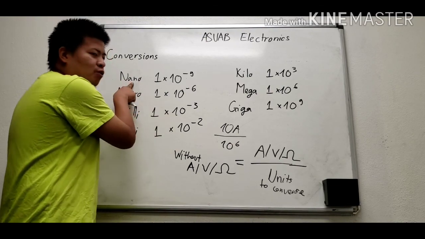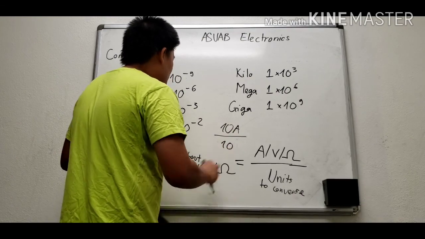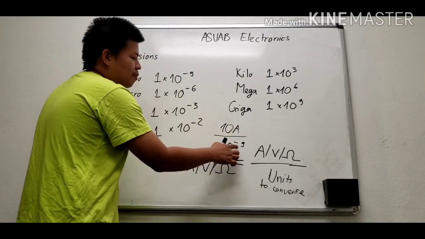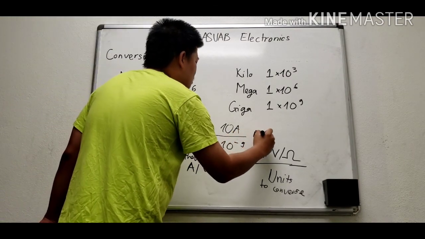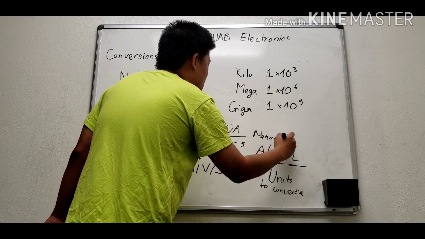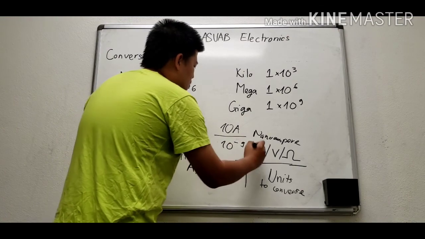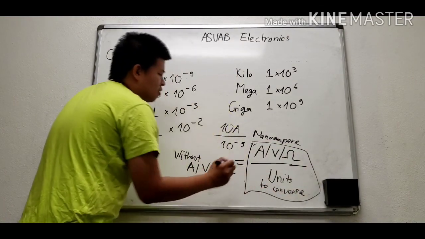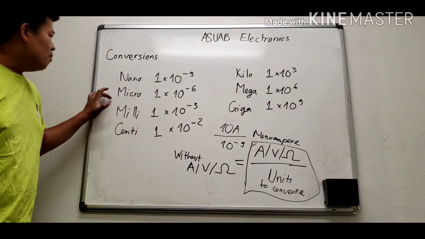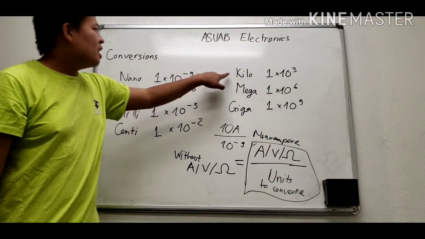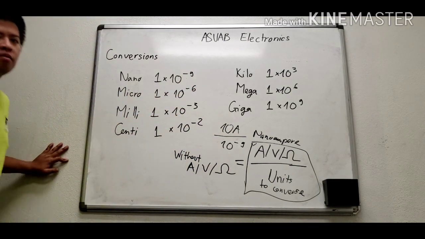If you want to convert to nano, you divide 10 ampere by 10 power minus 9, and you get nano ampere. This formula is so important. We need to learn it, and then we can convert to nano, micro, milli, centi, kilo, mega, and giga. That's it for the physics.